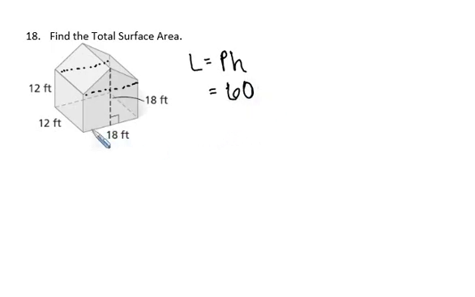And now the height of my prism is from base to base. And since I made the ground the base, then the height is from here to here. So this height is 12 feet. Okay, so now here we can do 60 times 12. And that gives me 720. And this is feet squared.